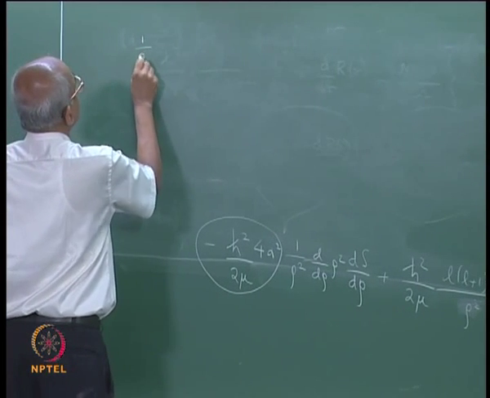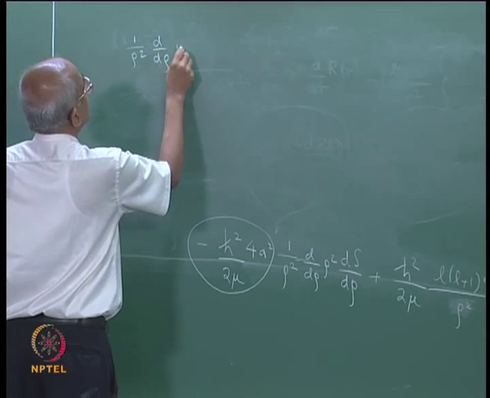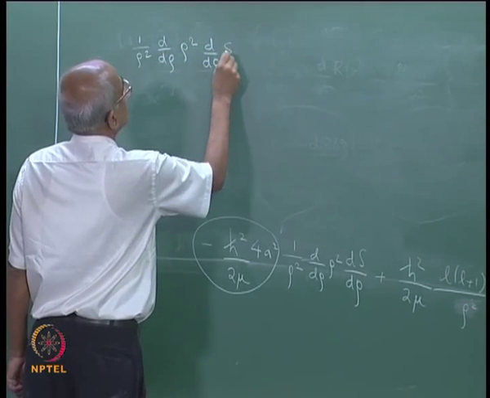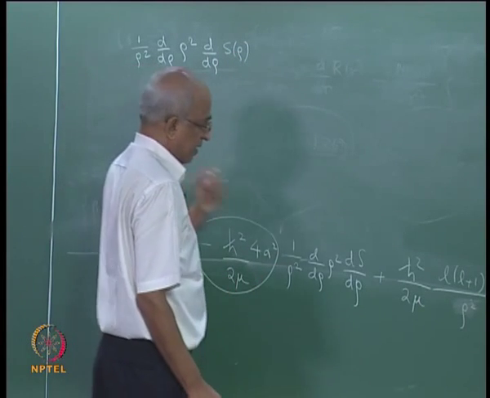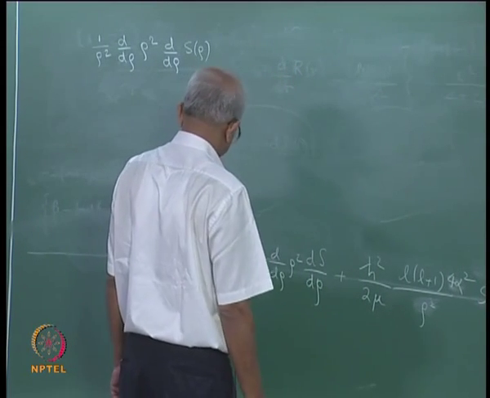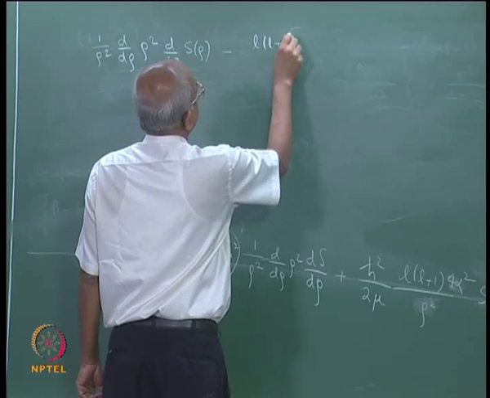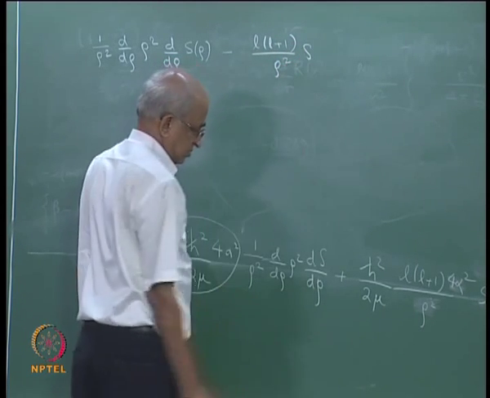You will get 1 by rho square d by d rho rho square, that will be my first term. This term will become minus L into L plus 1 divided by rho square into S.